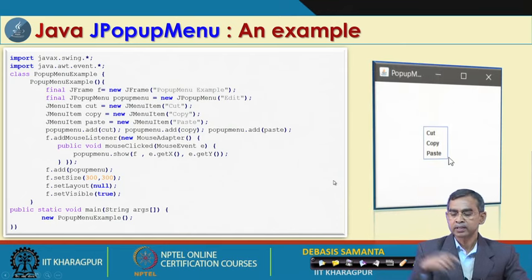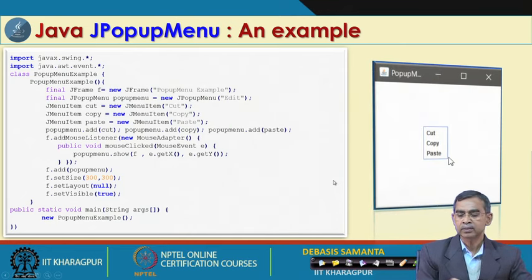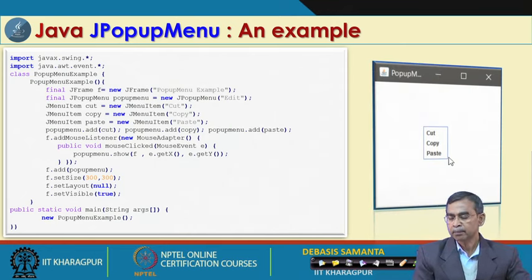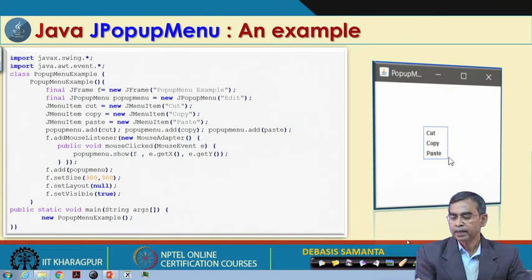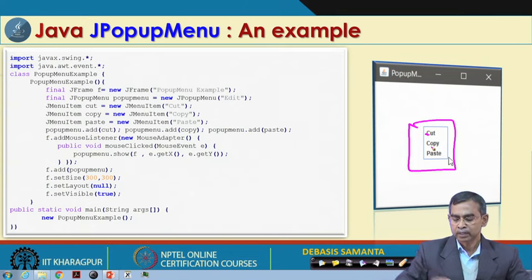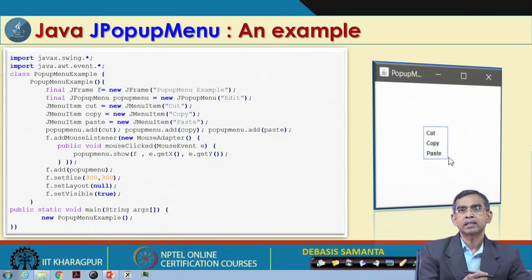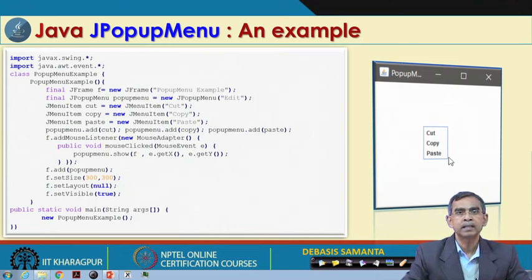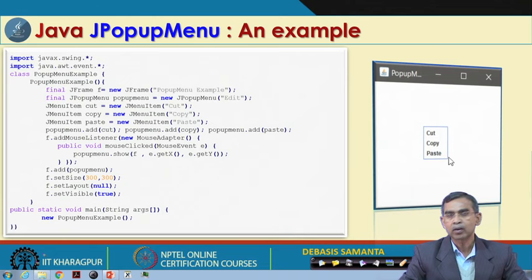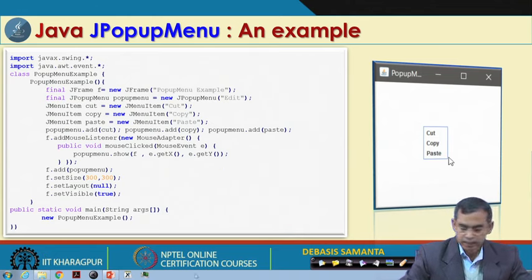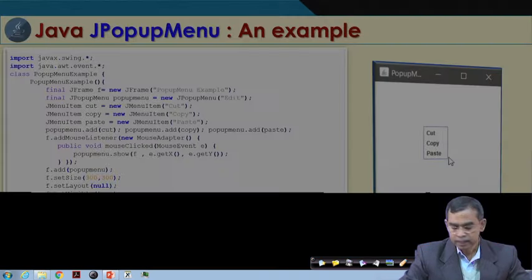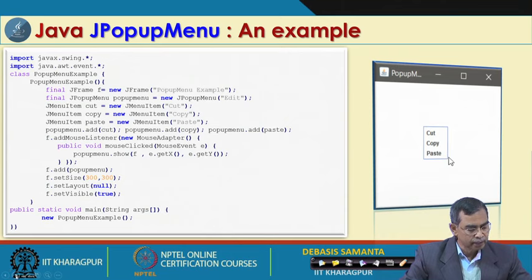In this example, whenever something is clicked, a pop-up menu will appear. This is the pop-up menu, and then you can select any one: cut, copy, paste. As you probably know, whenever you use Word or some other text editing document and select edit, usually cut, copy, paste, all these things are there. The idea is very similar to that concept only.